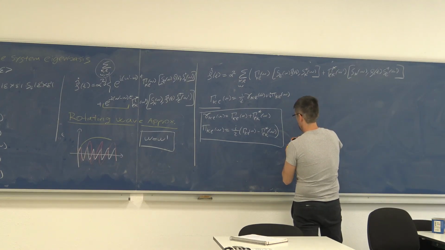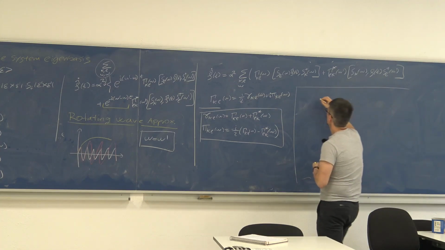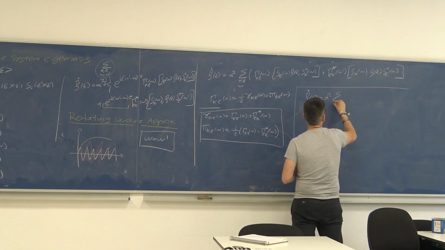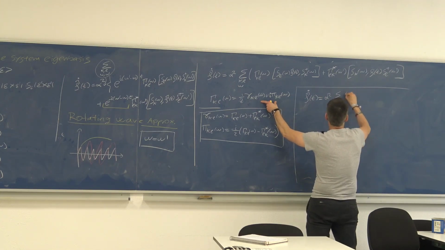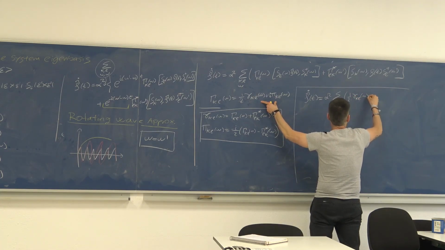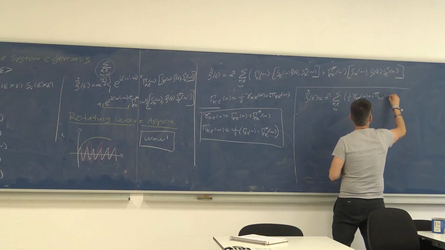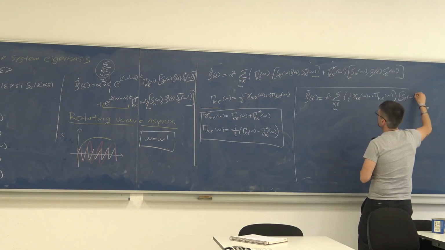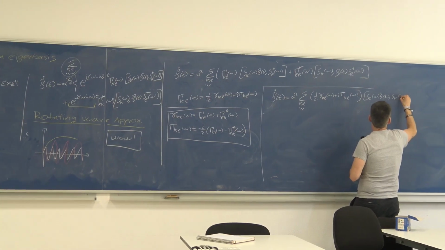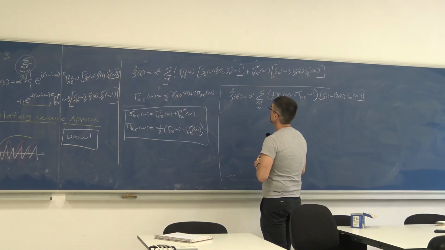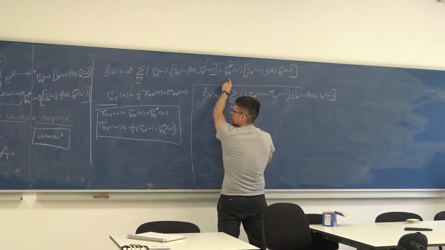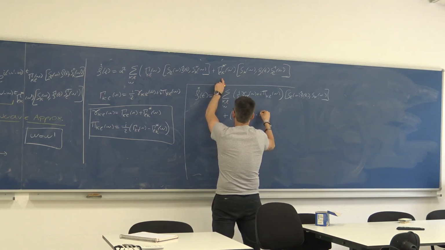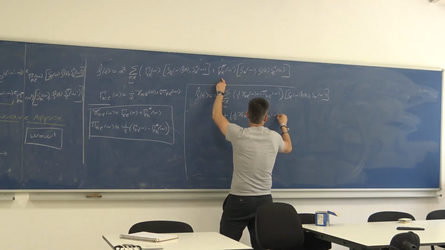Let's continue here. Very funny ones. Rho hat dot of t will be equal to alpha square sum over k, L of omega, and now I plug this 1/2 gamma kL omega plus i pi kL omega, and now the commutator SL of omega rho hat of t Sk of omega here, plus 1/2 gamma Lk of omega minus i pi Lk of omega.